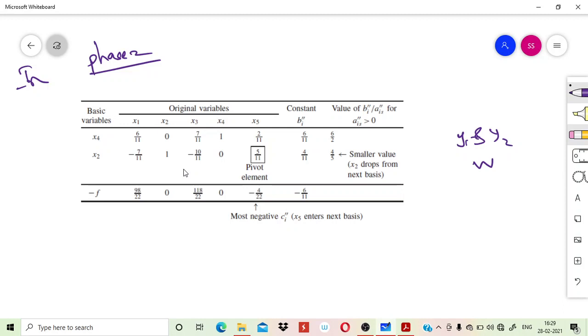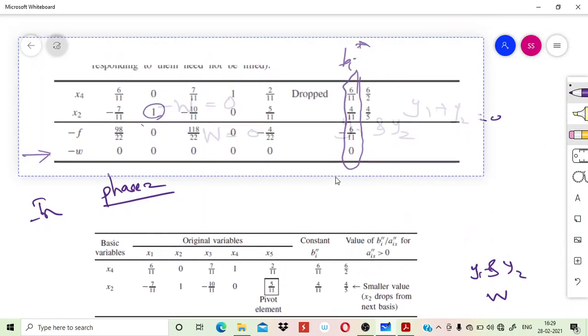The w row we will neglect, or not consider anymore in phase 2, and we will proceed with our original objective function, that is, this standard form of the original objective function.